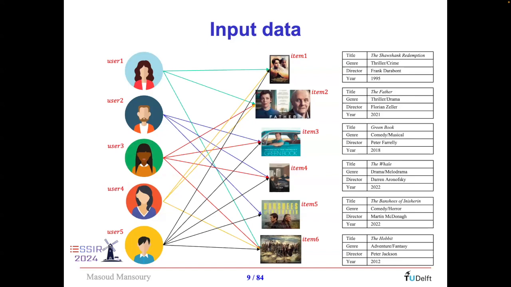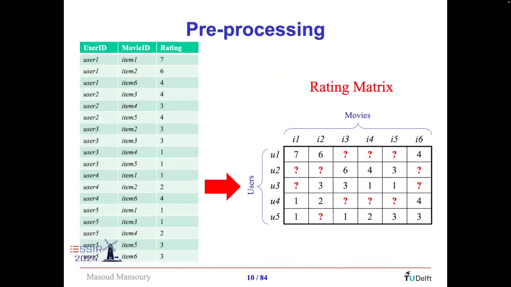On the right part here, you see the content information. On the left part, you see the interaction data. Interaction data here looks more like graph data, but it can be in different forms. Of course, a graph can also be an input for the recommendation model if the model can process it. But sometimes we have structured data, stored in the form you see in the table on the left.